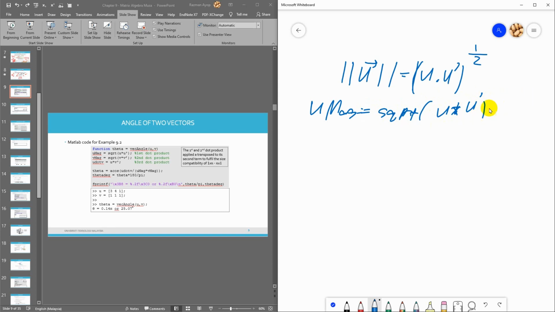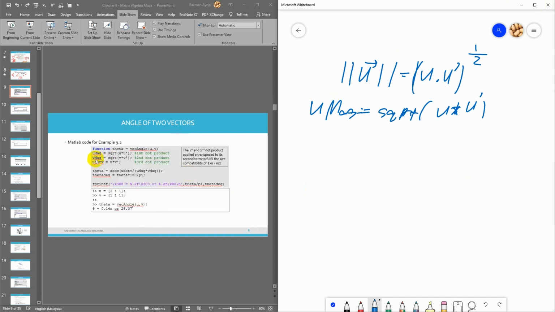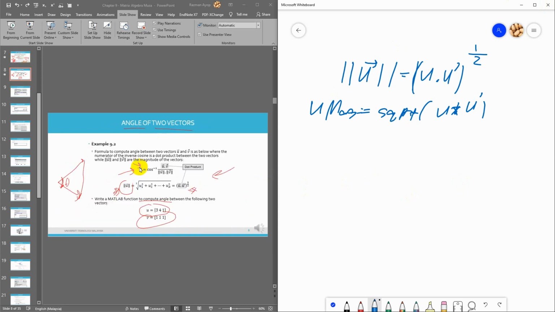So you don't need to understand how the problem is solved, but you need to know how to solve this. Same with v. You can see here the v. Use the same concept, because to get the formula here, the magnitude of u needs to be multiplied by the magnitude of v.